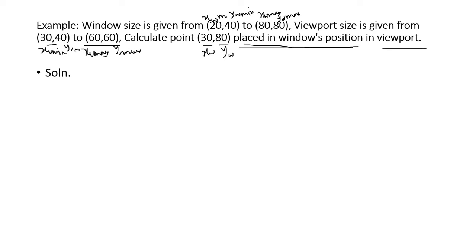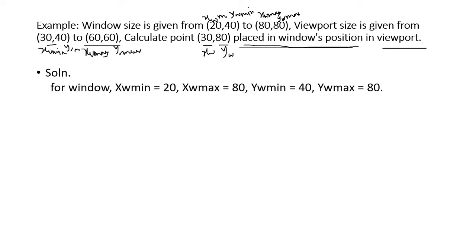Let's see how we are going to solve it. Just simple maths. We have already seen what are the equations. So now we just have to apply these values into the equation. So as I said, these are the values that we have already seen in the equation, right? So this 20 is actually the xw min, this 80 is actually xw max, and similarly these are 40, 80.